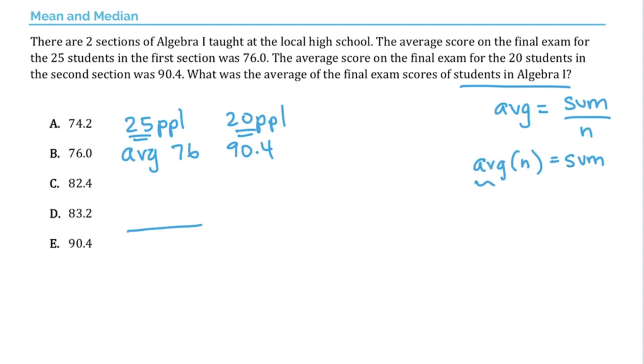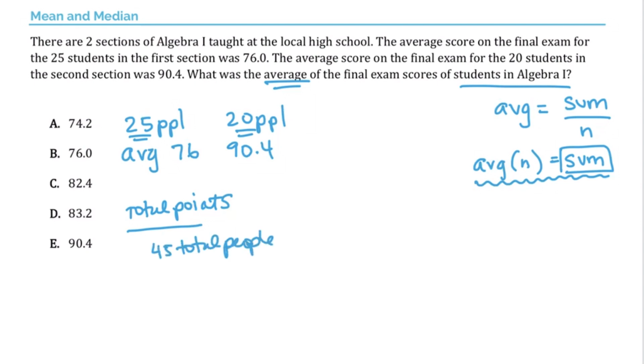Well, we're going to use this equation that I just showed you, which is that the sum is the same thing as the average times n, the number of people from whom that average was calculated. So again, for the overall average, we need the total number of points from everybody divided by the 45 total people.